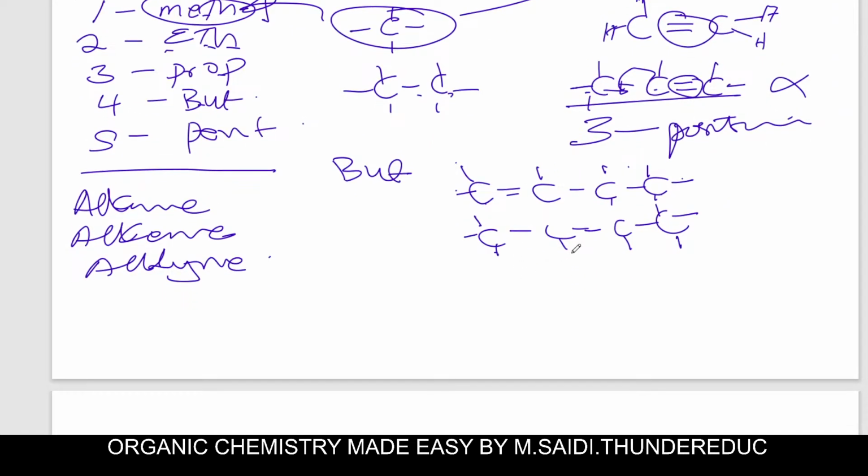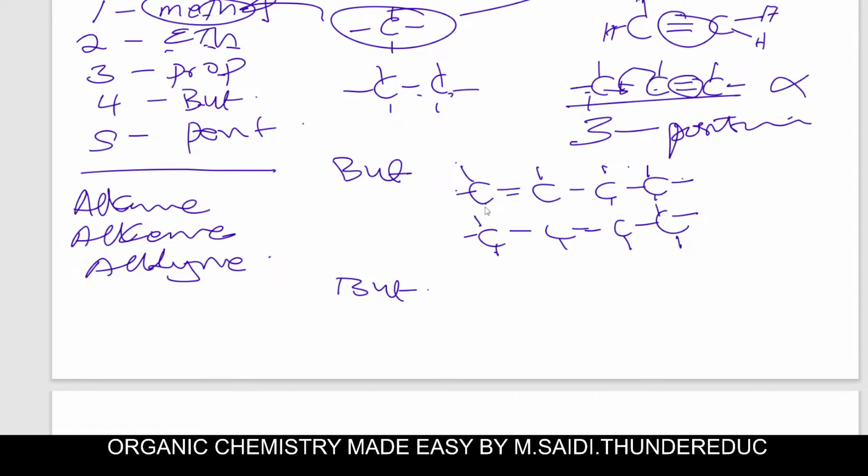Now, the reason why we want the position after the third one is because if I put the double bond here, it will be different. First of all, I have to identify the parent chain. 1, 2, 3, 4. 4, we said it means but. But now I have the position. The double bond is on carbon atom number 3.